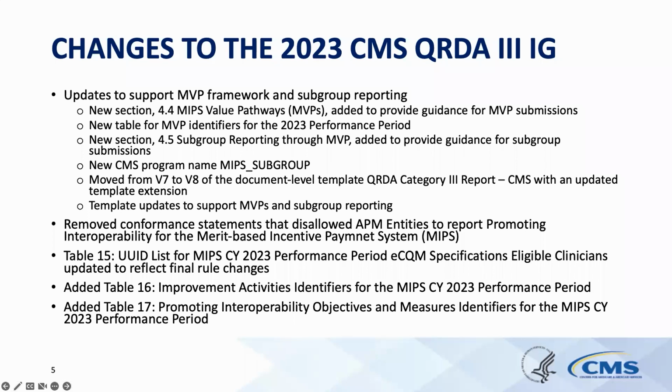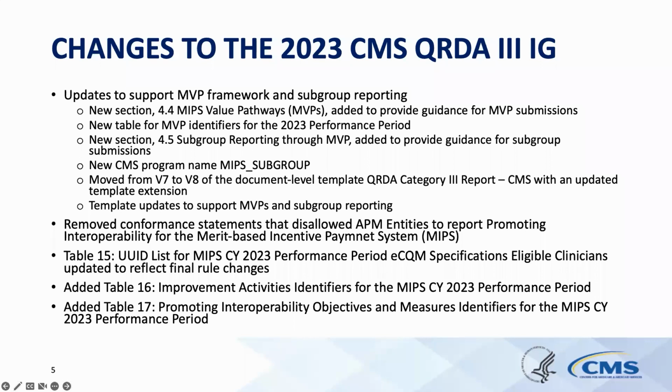Other changes included in this version are in table 15. This table is the list of the UUIDs for the 2023 performance period eCQMs. It has been updated to reflect the final rule changes. You can go to the version 1.1 changelog section in the IG to see the detailed changes that were made to the table.